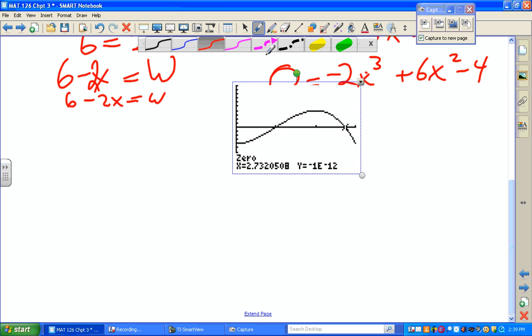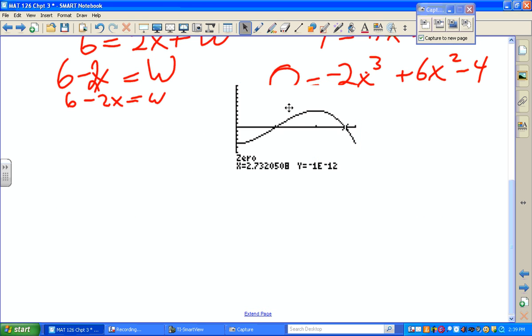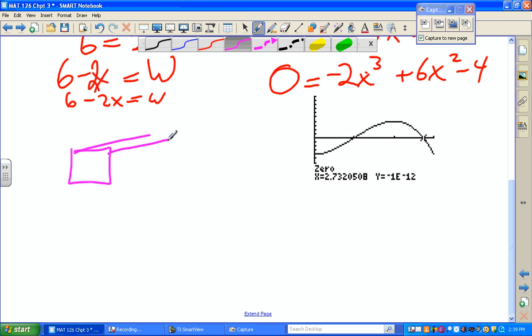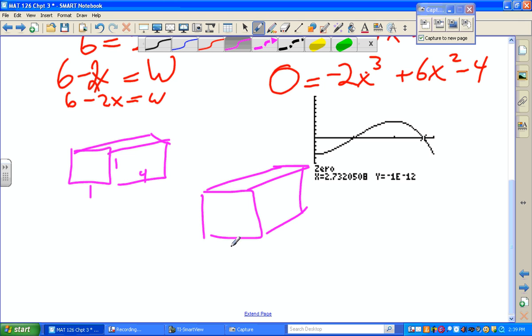And somebody goes, what does that mean? I go, I don't understand what it means. What does it mean? It means that you can have a box with the dimensions 1 by 1 by whatever, 4, and that'll give you the volume of 4 cubic feet. Or you got the dimensions 2.73, 2.73.